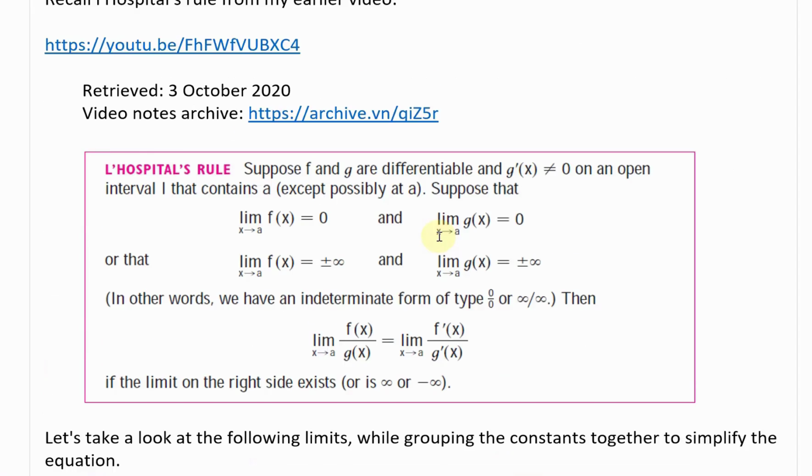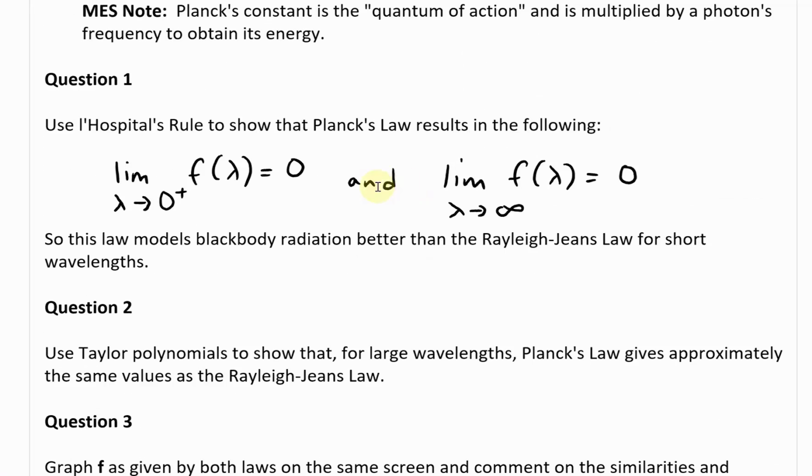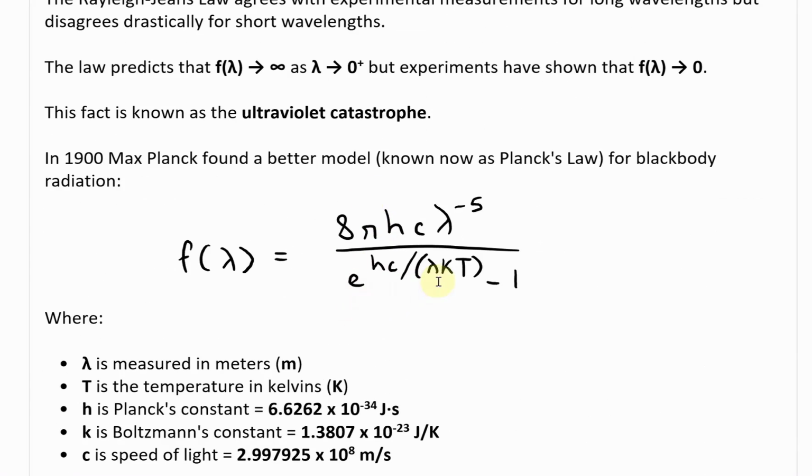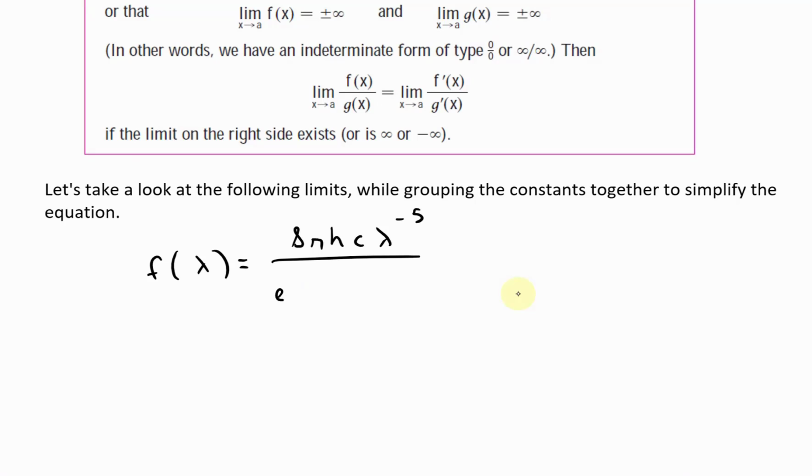So let's write this one down, 8 pi hc lambda to the negative 5. And then we're going to divide this by the bottom, which is e to the hc divided by lambda kt, and then minus 1. So e to the hc divided by lambda kt, all minus 1.